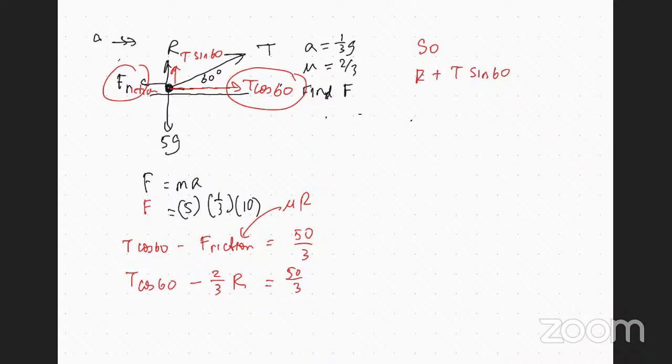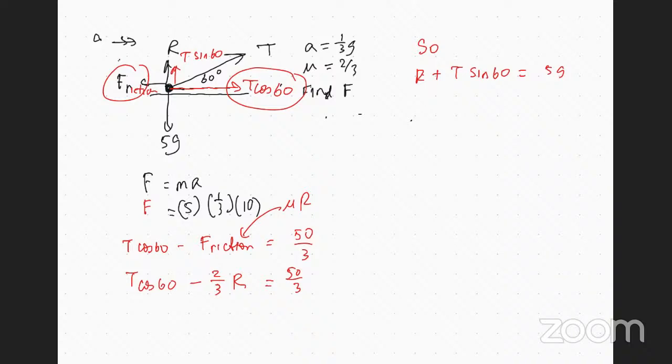They're equal because there is no resultant force vertically. There's only motion horizontally. So the upward forces are equal to the downward forces, and from this we could find R.